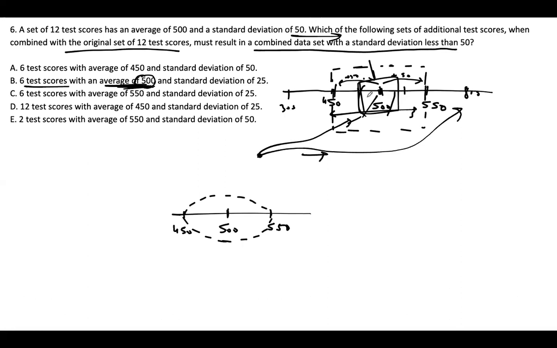They are on the mean, with a standard deviation of 25, so they are lying somewhere here. Aren't these values too close to the mean? Yes. So they will definitely result in a data set with standard deviation lesser than 50. So this will be your answer.